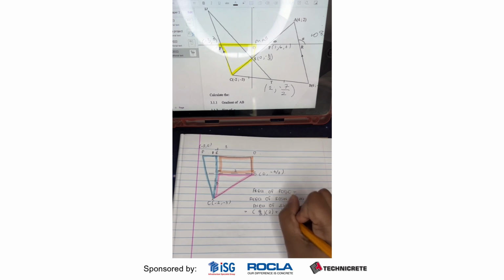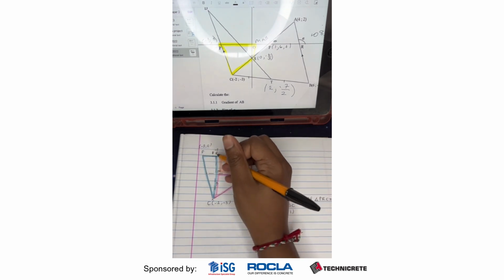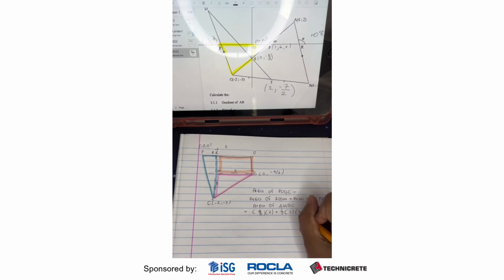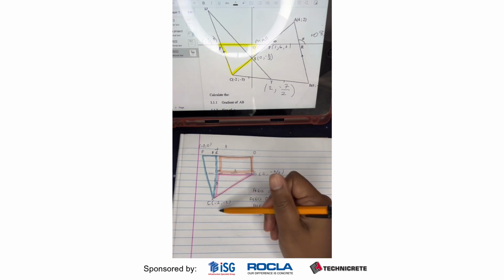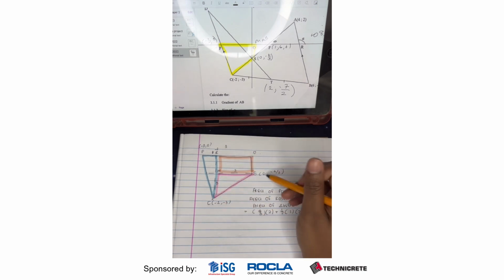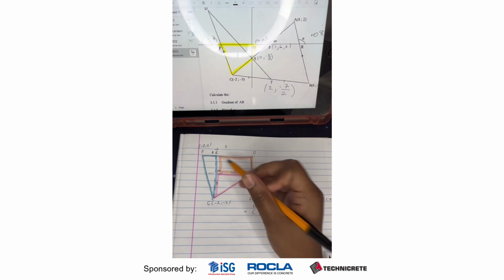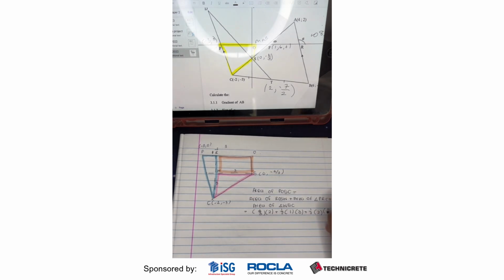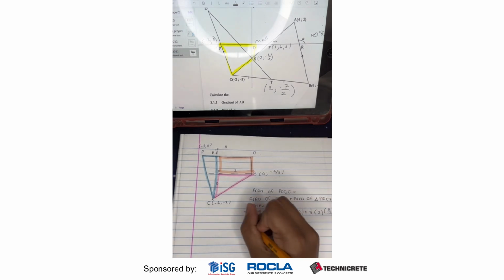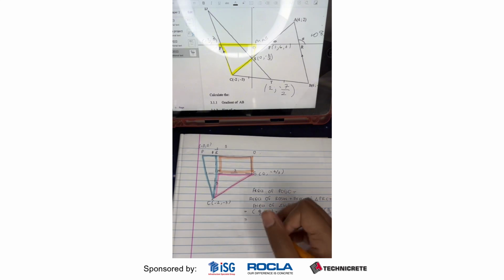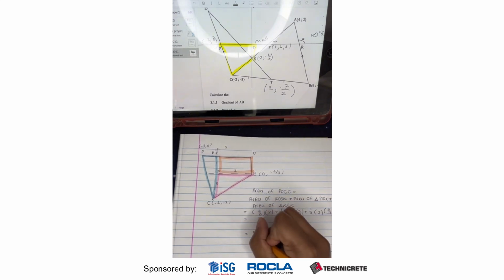The next one is a triangle, half, the base is 1, the height of the whole thing is 3. The next one is half, the base is 2, the height over here, you've got to take 3 and subtract it by this distance, which is 4 over 3, and that will give you 5 over 3. And if you add all of that together, it should give you 35 over 6, which is 5.83 units squared.